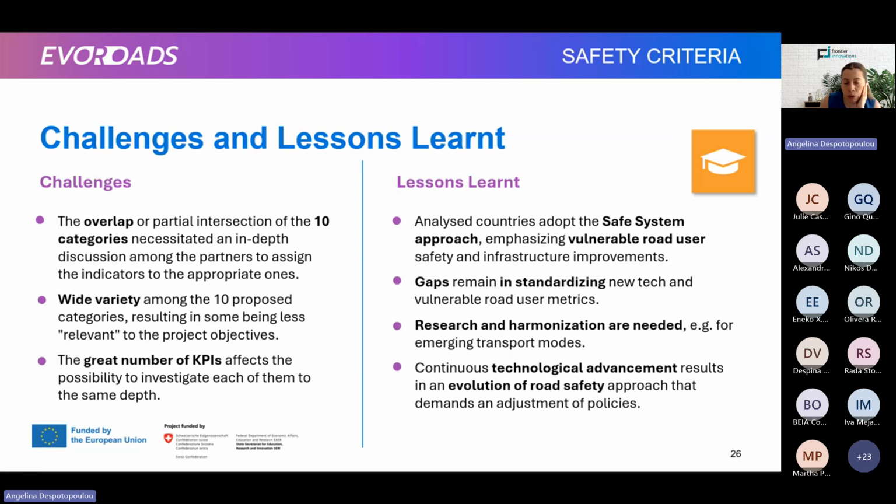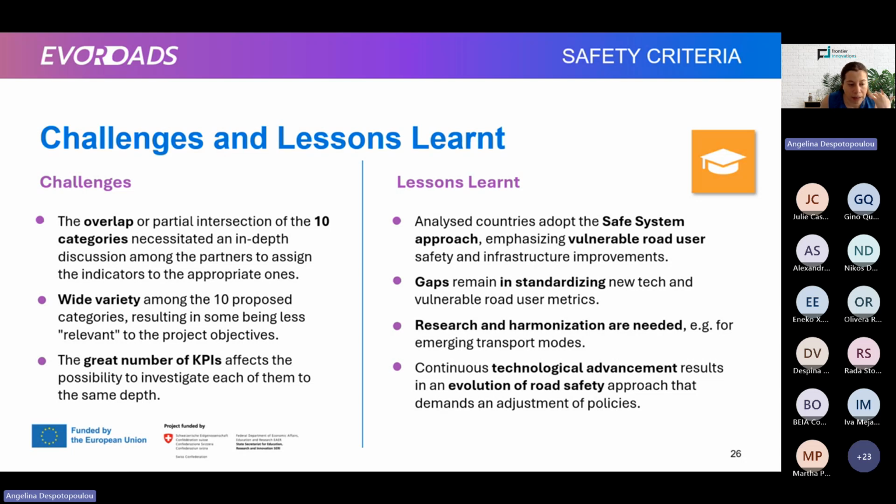While doing this bibliographical work, they saw that for the challenges they identified, there is a significant overlap or partial intersection in those 10 categories. So they had to engage in an in-depth discussion to do this grouping efficiently.